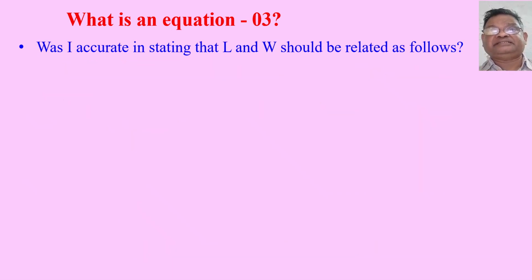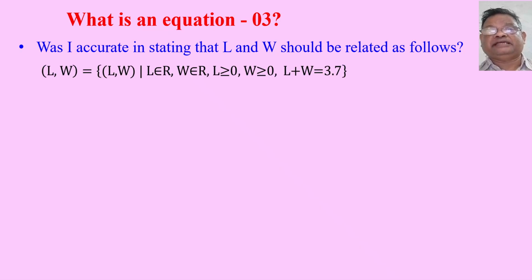Was I accurate in stating that L and W should be related as follows? That is, the ordered pair of L and W is such that both L and W are real, L and W should be greater than or equal to 0, and L plus W is equal to 3.7.